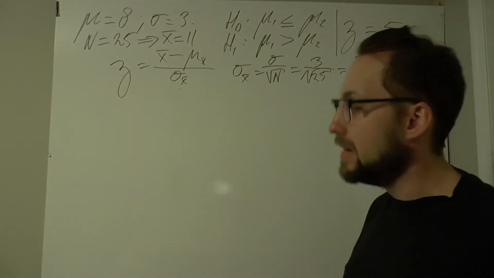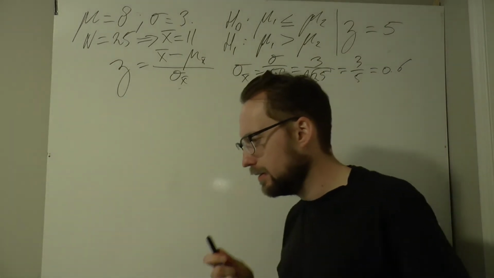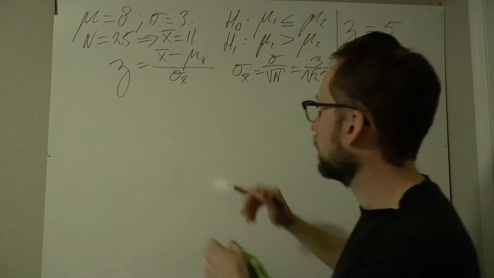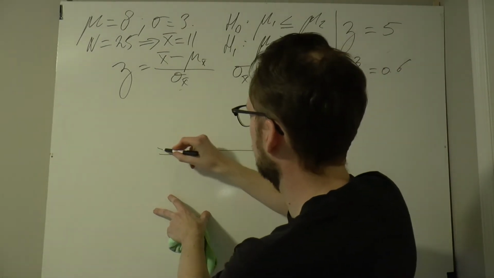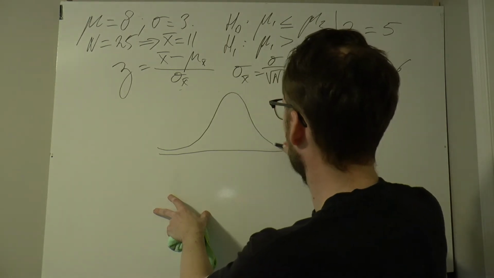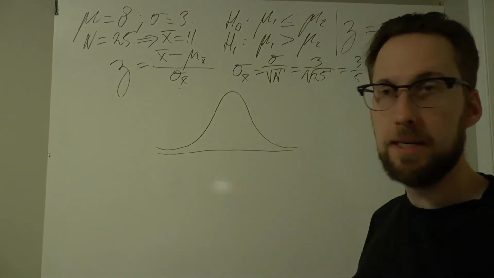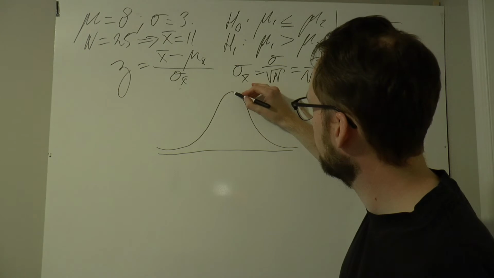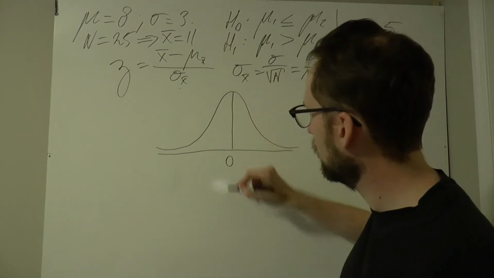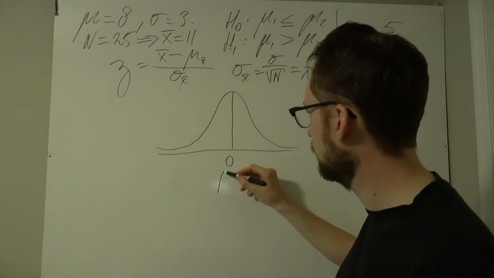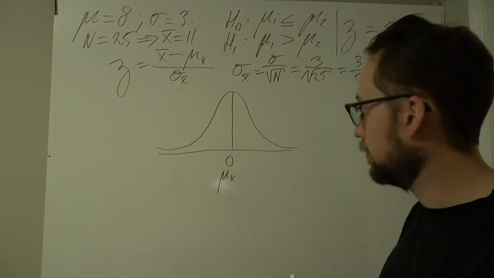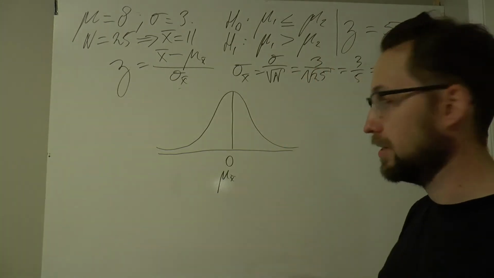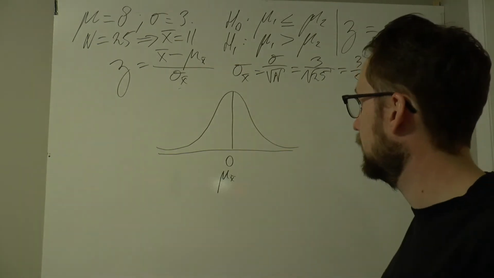I now need to make a decision. And that decision is in my sampling distribution of the mean, which has a mean, which is basically where we have converted this to special Z score, so that is now a 0.